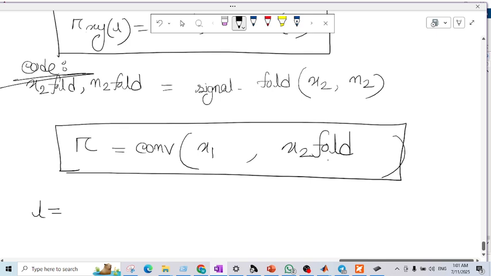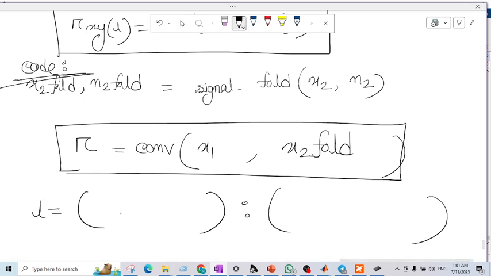By convolution theory, we know that this L has a starting position and an ending position. And what is the starting position? This is simply the first value of the time index of x1 plus the first value of the folded time index.